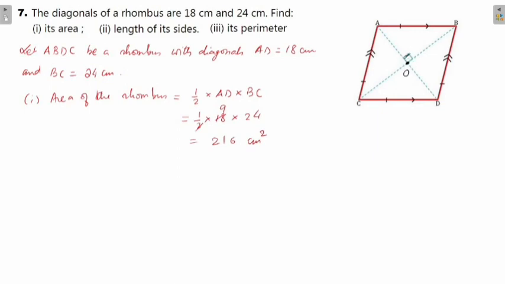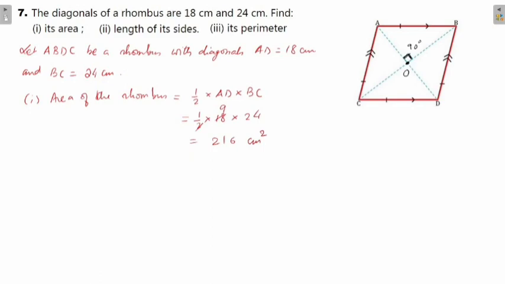This is a very important property which you might have learned in your junior class or most probably in your class 7. That means the diagonals of the rhombus always get bisected in 90-degree angle. So this is a very special property.